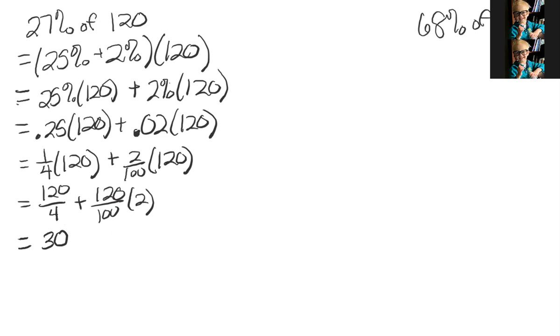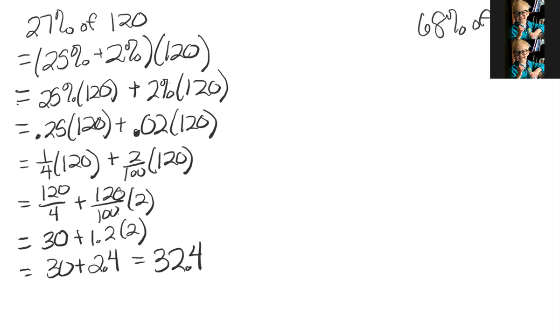And so now we can see this as 1%. 120 divided by 100 is 1% of 120, which is 1 2/10 times 2. And then we get 30 plus 2 4/10, which is 32 4/10.